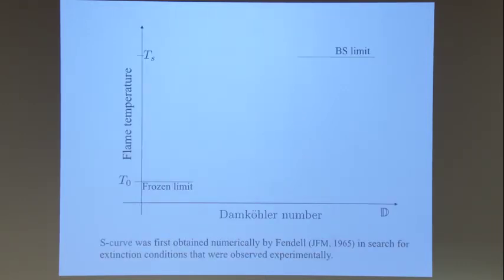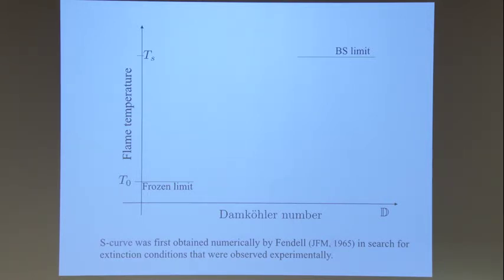So we have seen two limits. We have seen the frozen limit, which is no combustion, pure mixing, and the temperature remains T0. I called it T infinity before, it's the same thing. And we have seen the Burke-Schumann limit, where the temperature is the stoichiometric temperature, Ts. But of course, it's interesting to know what happens as the Damköhler number varies.